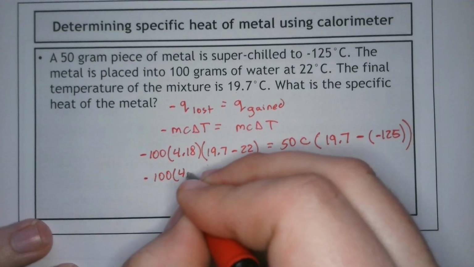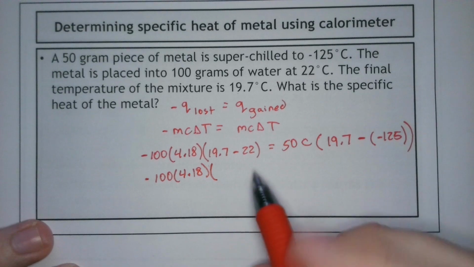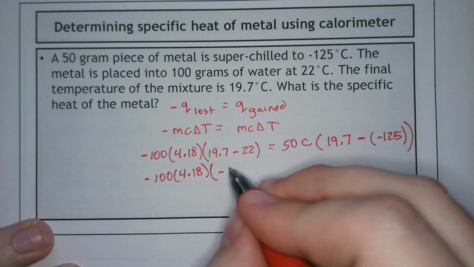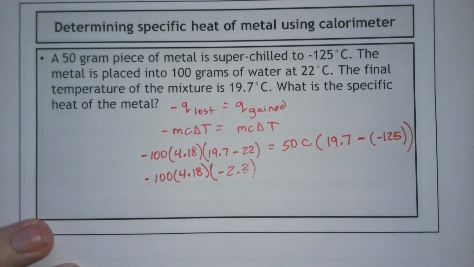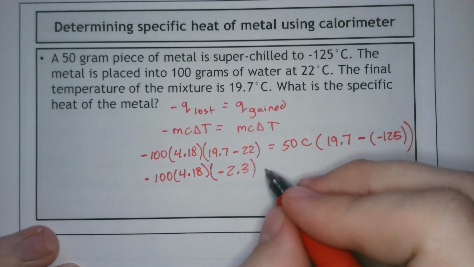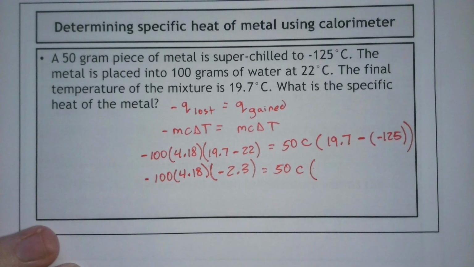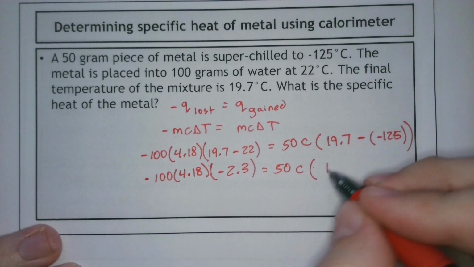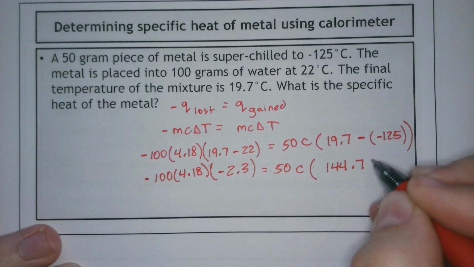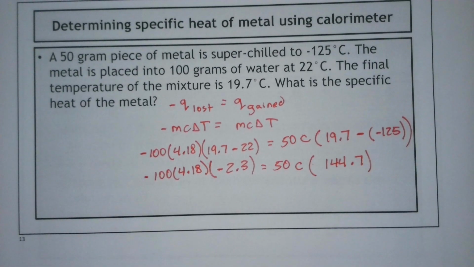Negative 100 times 4.18 times negative 2.3, if you subtract that, equals 50 times C times this number, 19.7 plus 125 is 144.7, I think. And then now I'm just going to solve for C.